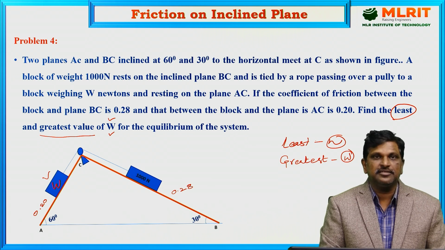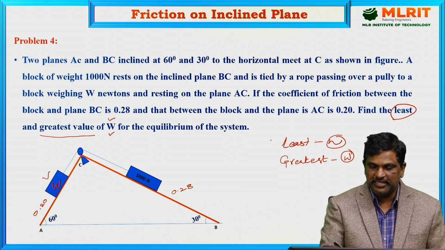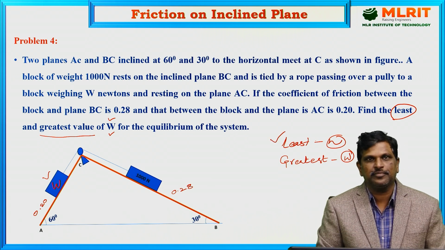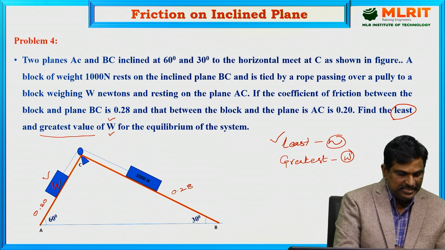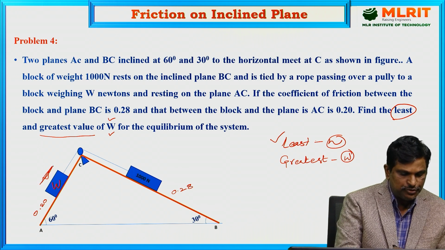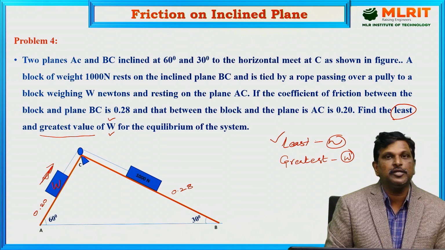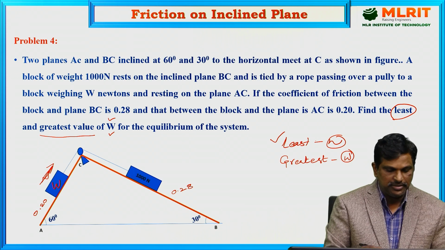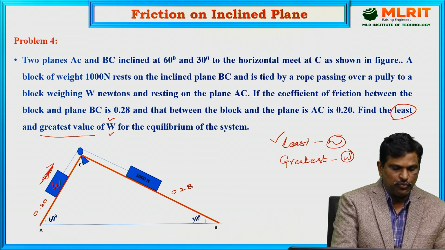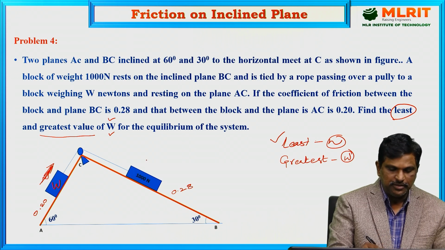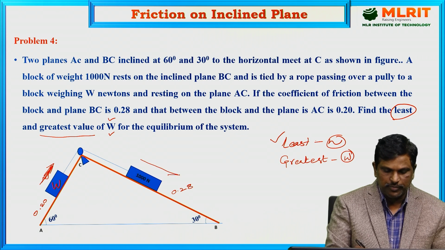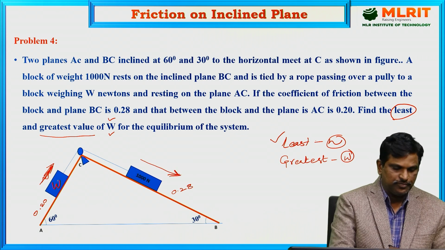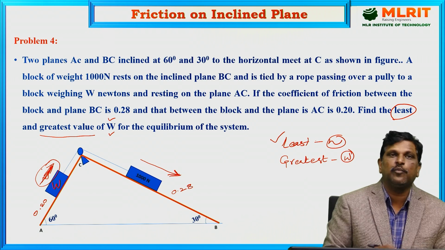For the first case, to find the least value of W, it is assumed that the W Newton block is moving upwards. That means the 1000 Newton block is dominating and it is pulling the W Newton block upwards.